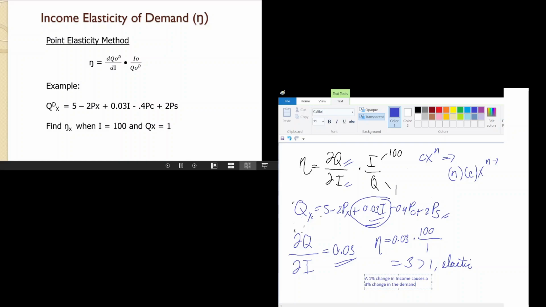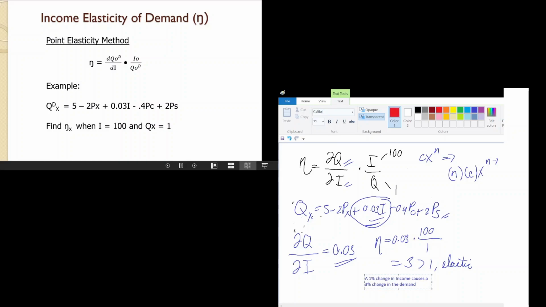It should be change in demand. Kasi we already discussed during our first meeting first part nung discussion natin na only the price causes the change in quantity demanded and other factors cause a change in the demand. Okay, so a 1% change in income causes a 3% change in the demand. So yung 1% constant siya, yung 3% galing siya dito sa na-compute nating value.